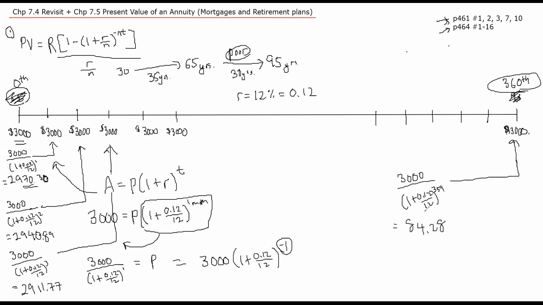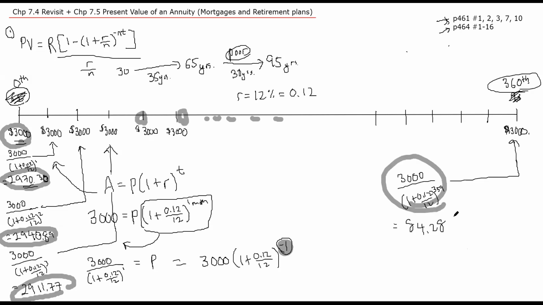Okay. So here is the plan. All of these, and let me try to highlight it: 3,000 and a negative exponent of 1, a negative exponent of 2, a negative exponent of 3, 4, 5, 6, 7, 8, 9, up to a negative exponent of 359.